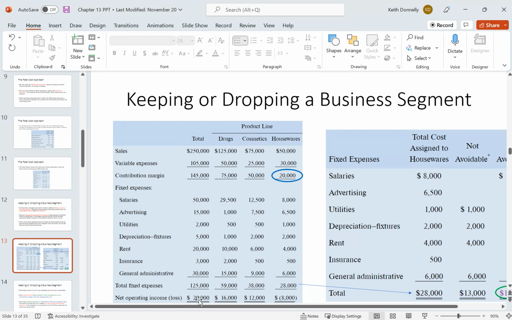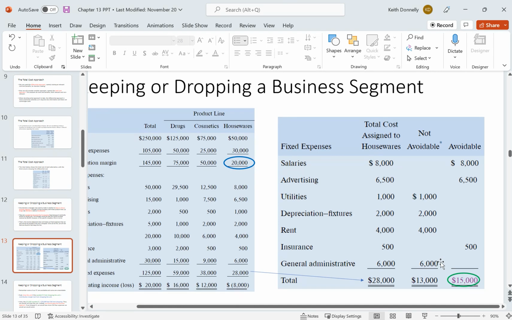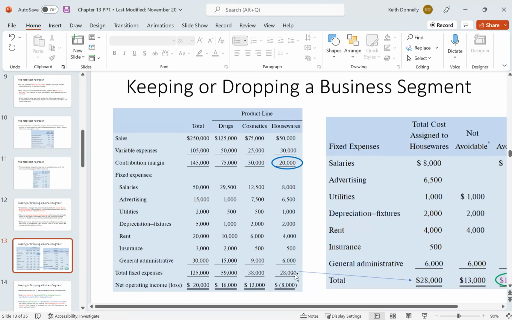Here's the deal though. This income statement does not break out the expenses for each product or division by those that we can avoid versus those that we cannot avoid. If we look more specifically at the fixed expenses, we have total fixed expenses of 28.